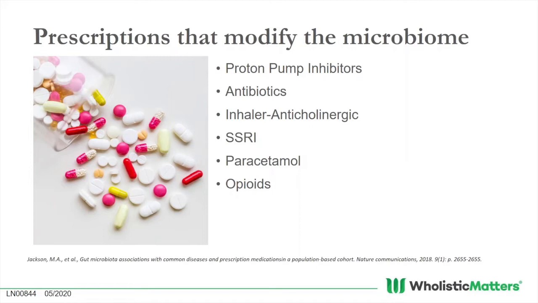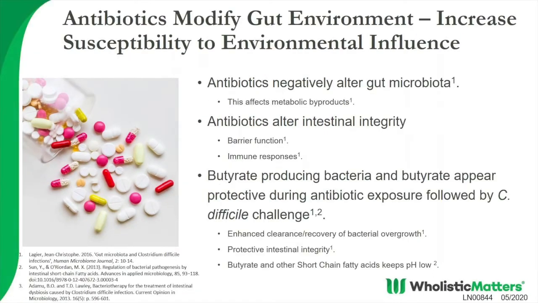So they looked at this huge population and all of the different prescriptions they take and which ones were associated with these microbial changes. And it was really interesting to see that you have certain effects that are being driven by a lot of these prescriptions on the microbiome.